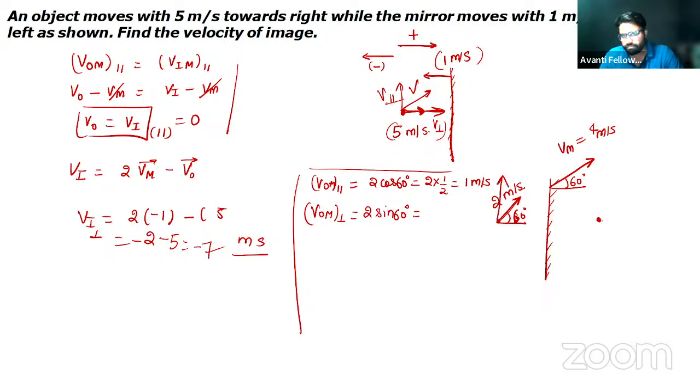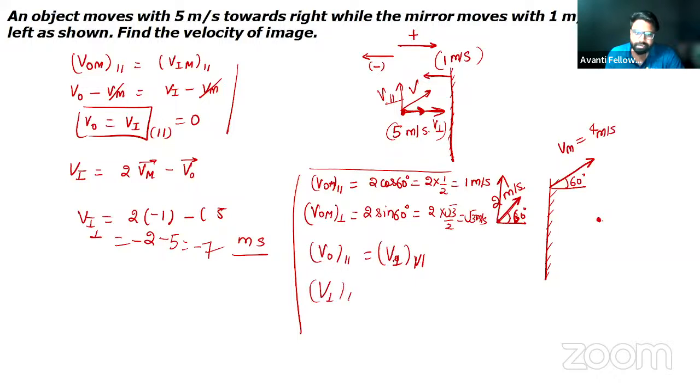This component 2 into root 3 by 2, which is root 3 meter per second. Now, velocity of object, we know the first concept that velocity of object parallel is equals to velocity of image parallel. So it will become velocity of image parallel is equals to 1 meter per second.